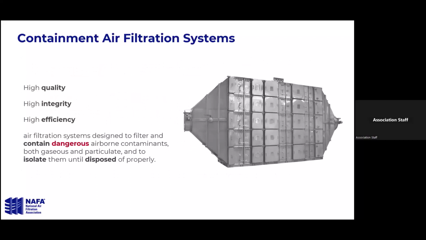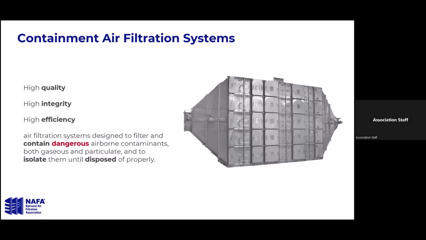So they have to be high quality, they have to be high integrity, and they have to be high efficiency air filtration systems. And like I mentioned before, they're going to contain those dangerous airborne contaminants, both gaseous and particulate, and they're going to isolate them until you can dispose of them properly.